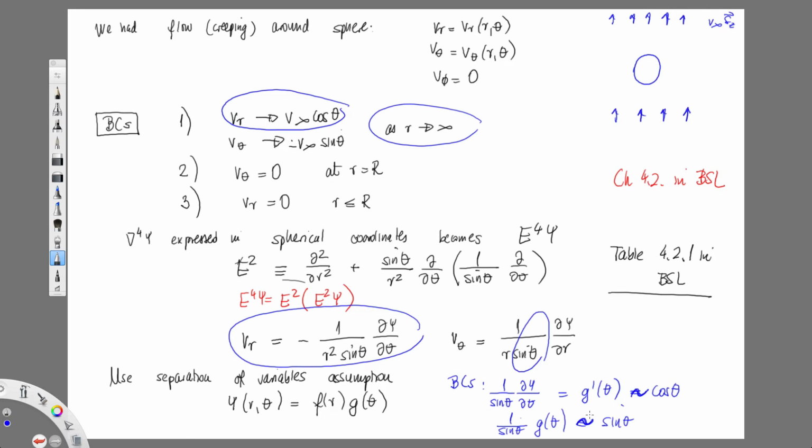So I can make this work with g of theta equal to sine squared theta. So my assumption here will be psi of r theta is equal to f of r sine squared theta.